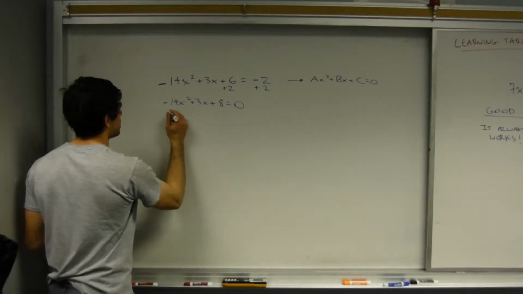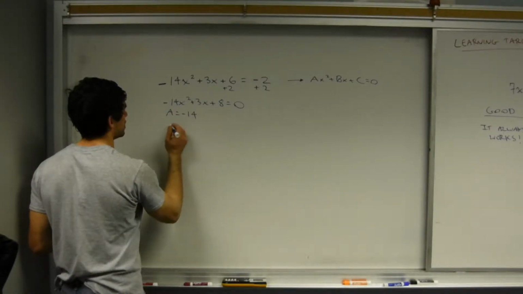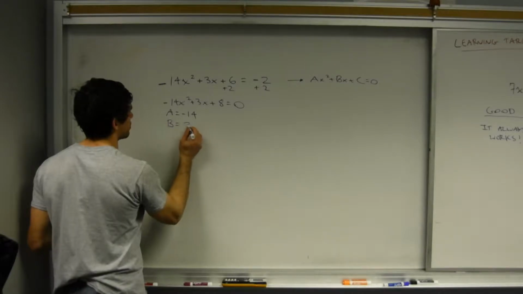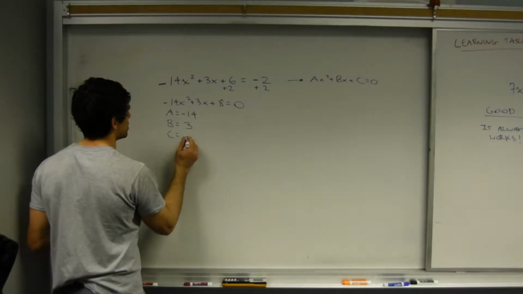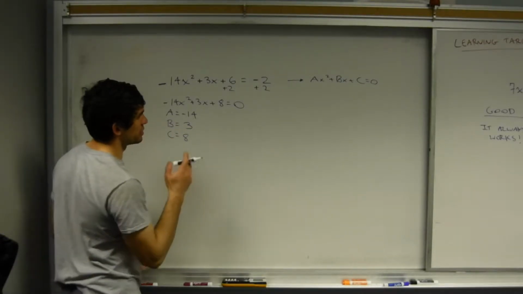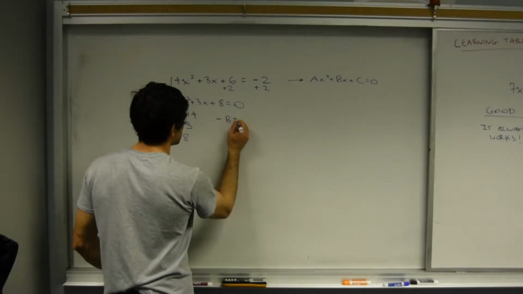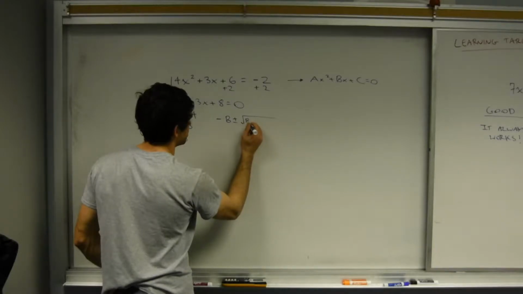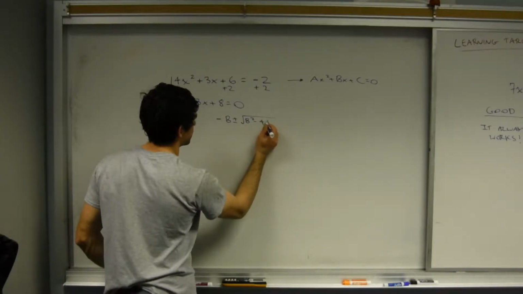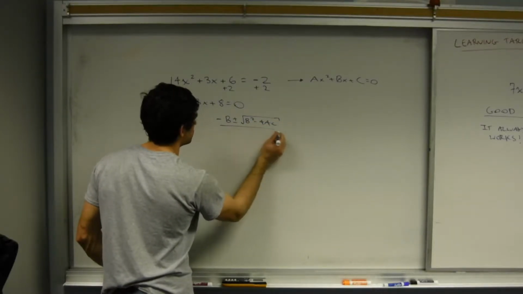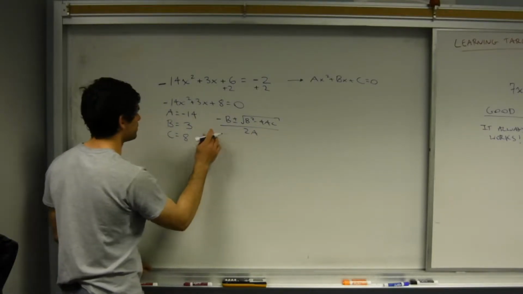So now a is equal to negative 14, b is equal to 3, c is equal to 8. Using our formula, we have negative b plus or minus the square root of b squared minus 4ac, all divided by 2a.